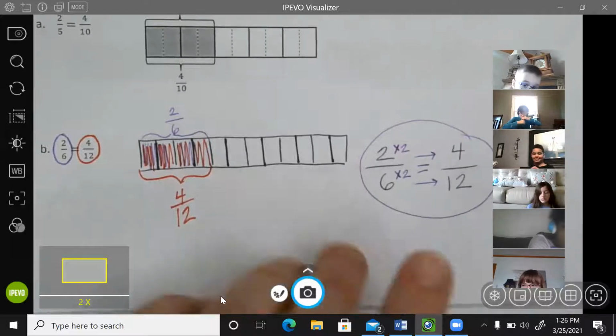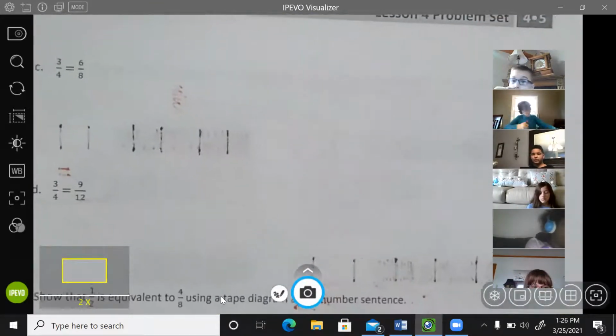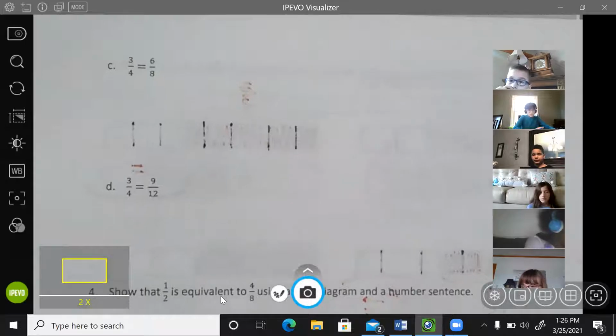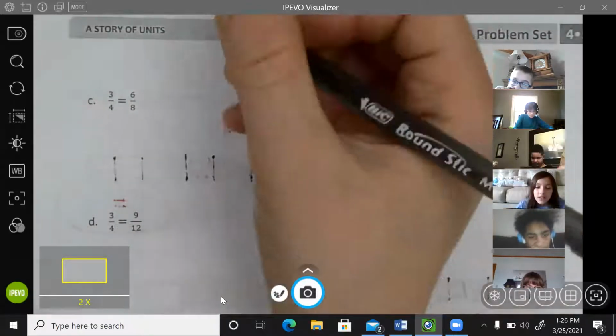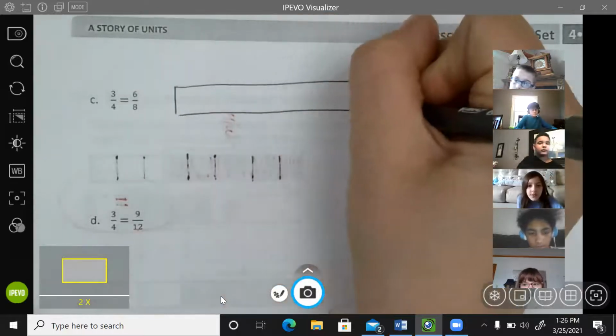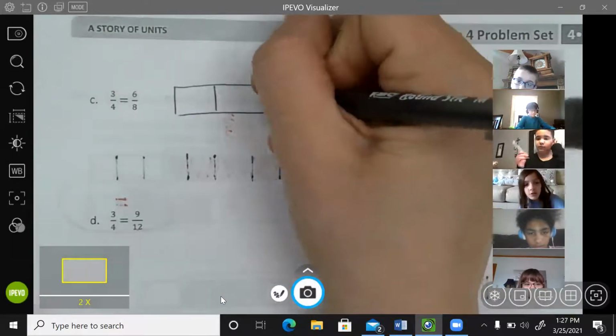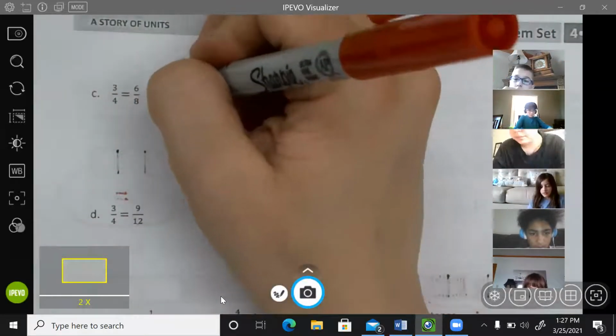All right, let's go and flip the page. Okay, Sarah, we have 3/4 is equal to 6/8. Tell me how I would draw 3/4. So you draw a rectangle that was divided into 4 equal parts, and then you shade in 3 of those parts.